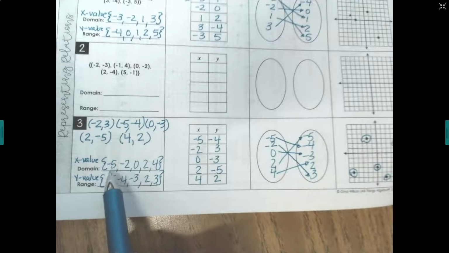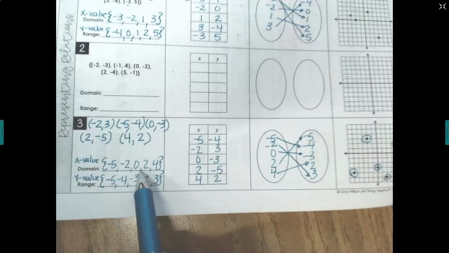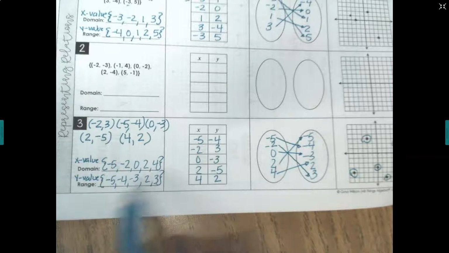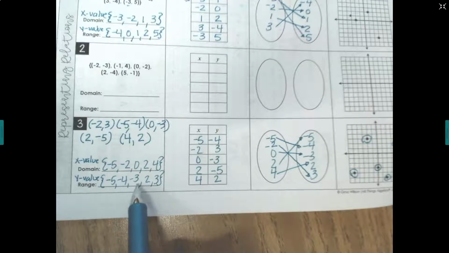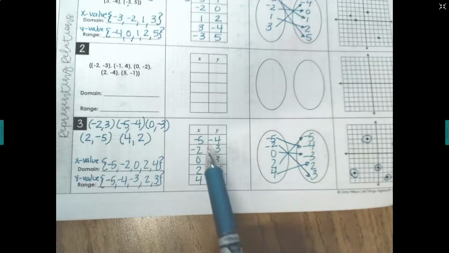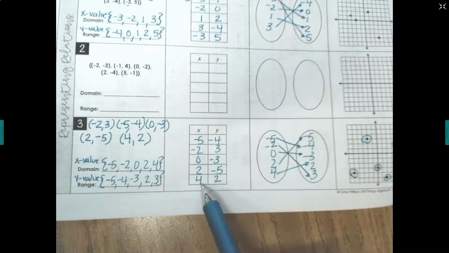For our domain, you should have -5, -2, 0, 2, 4 in that order, smallest to biggest. And our Y values, our range, is -5, -4, -3, 2, and 3. For our table of values, you should have -5 matched with -4, -2 with 3, 0 with -3, 2 with -5, and 4 with 2.